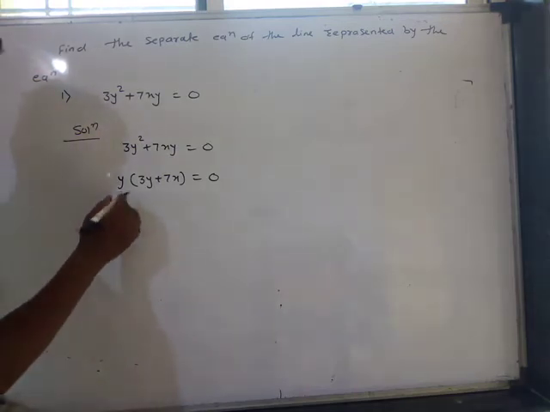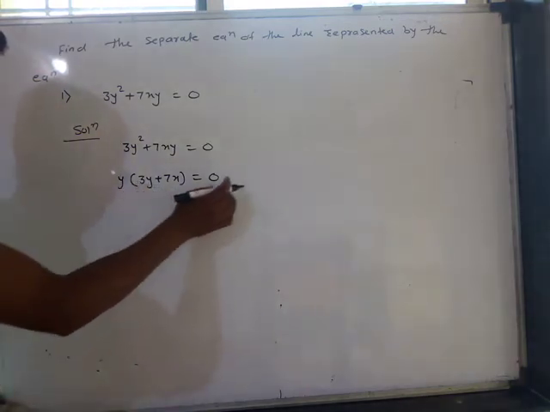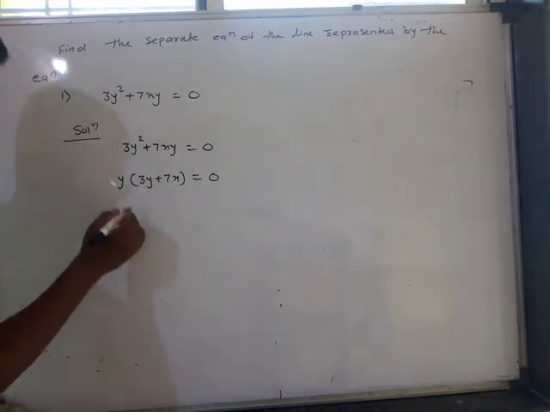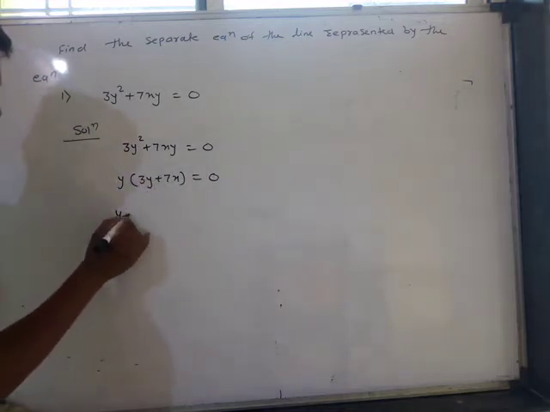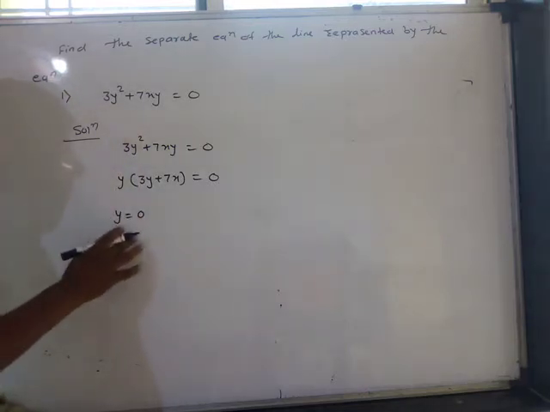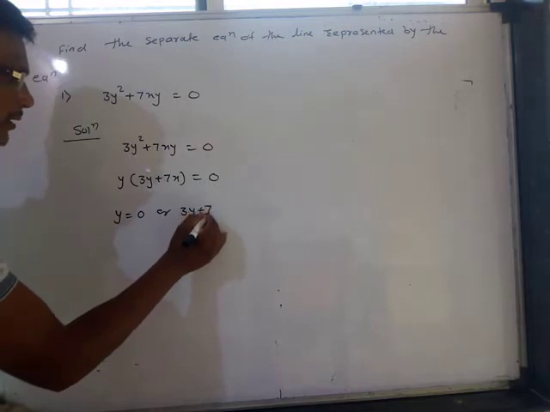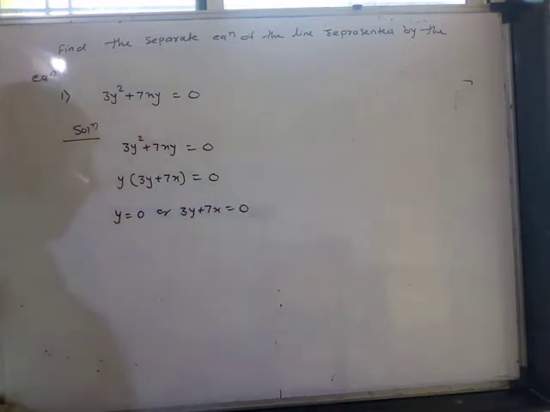So the product of two terms is equal to 0, that is the product of two numbers is 0. It is possible only when any one of the terms is 0, that is y is equal to 0, or 3y plus 7x is equal to 0.